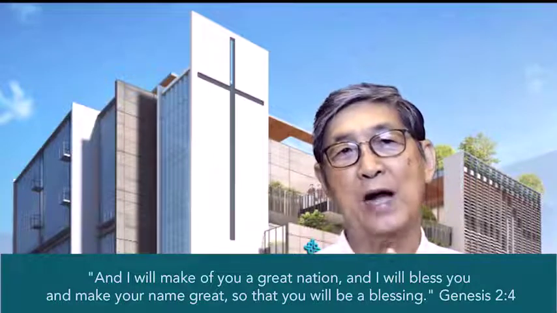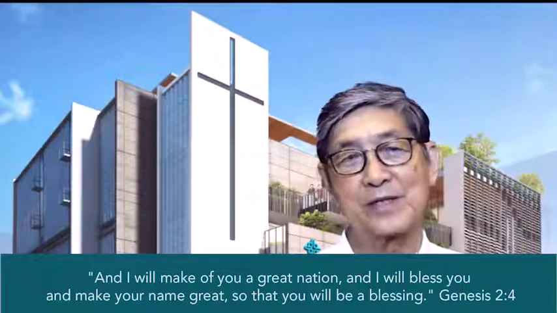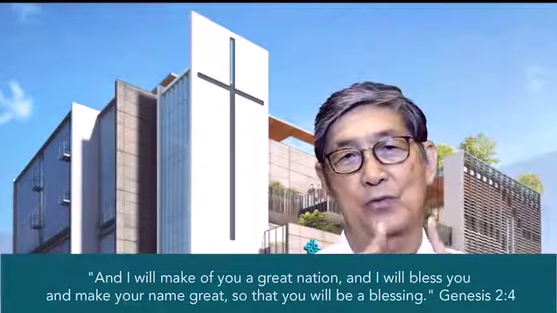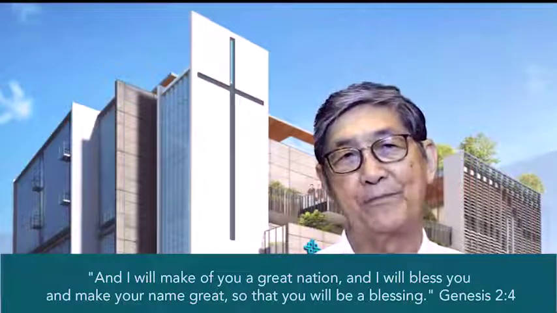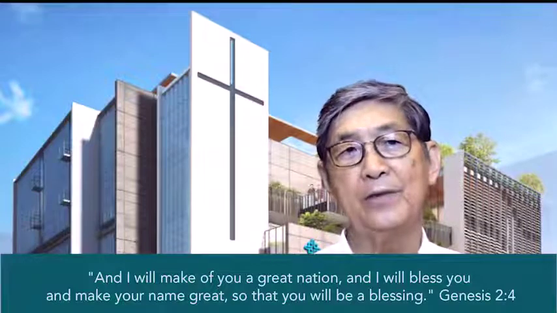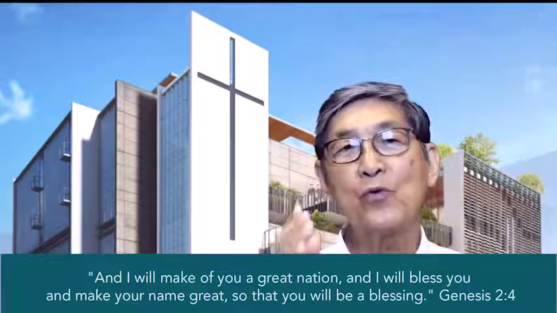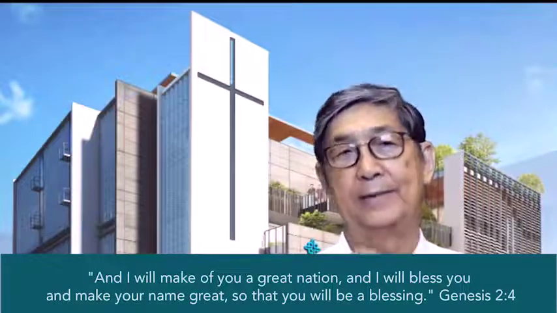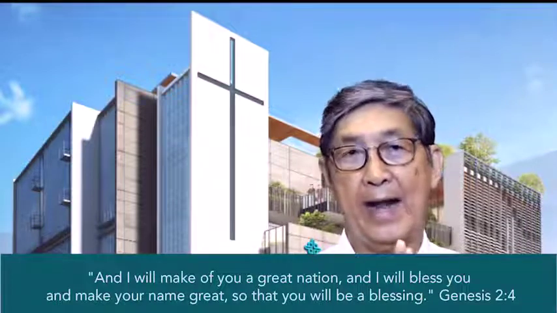I hope you see the word I will 3 times in Genesis 12, verse 2 and 3. I will. And later on, God adds, I will give you this land, this promised land. Okay? Now, this is what we call in Bible a covenant.